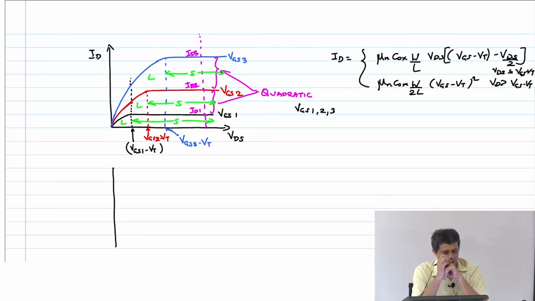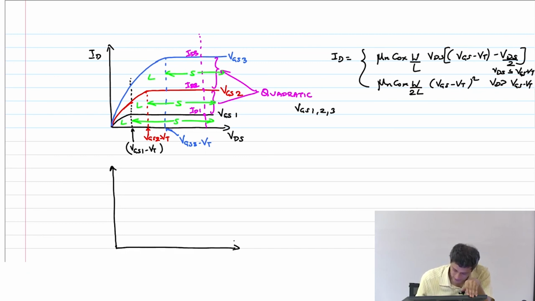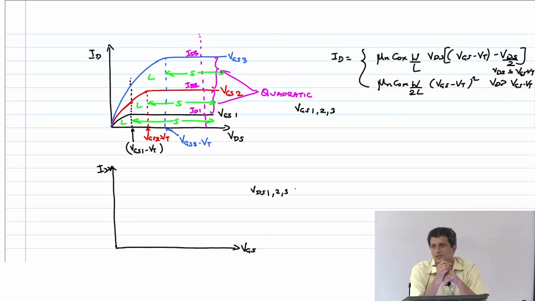Okay, in that plot. So now I want to look at ID versus VGS for various VDS 1, 2 and 3. Similarly, like last time, VDS1 is less than VDS2 is less than VDS3.